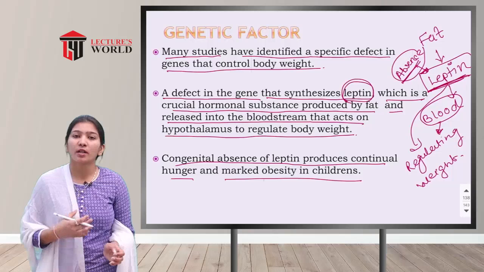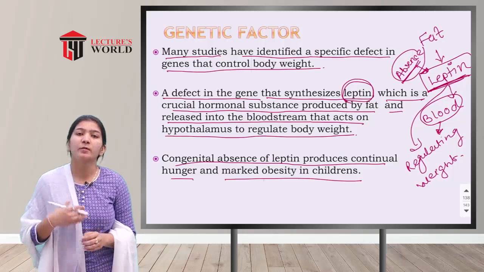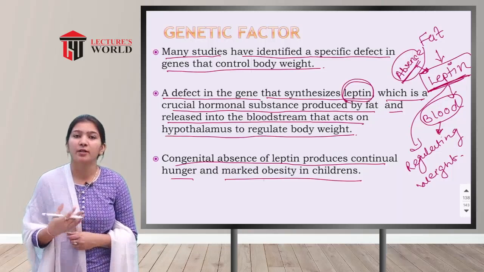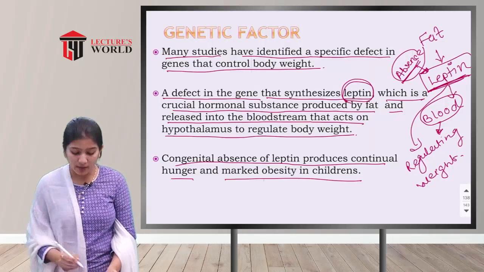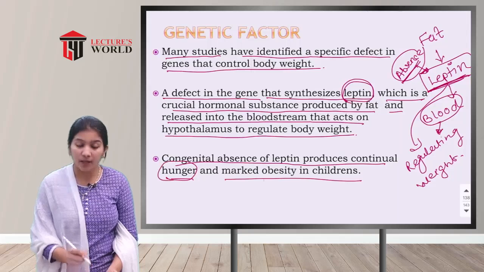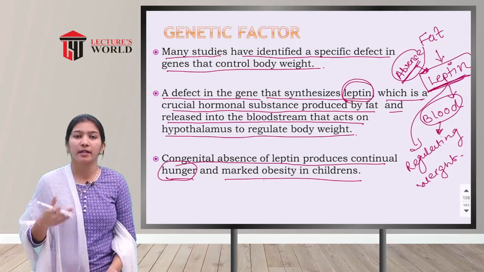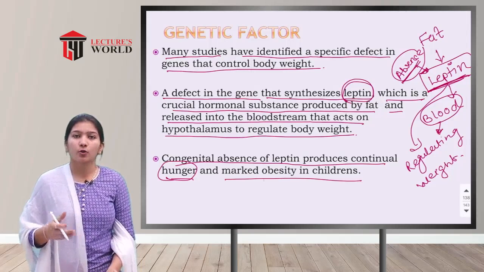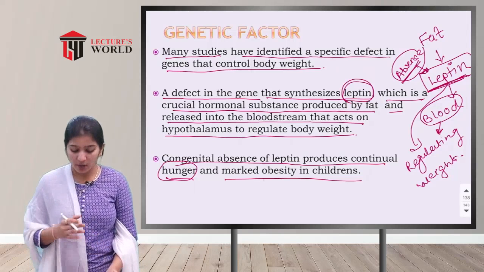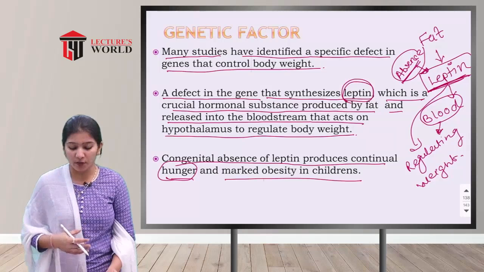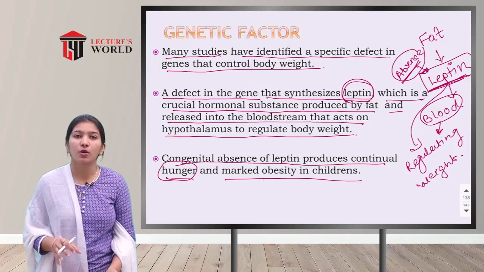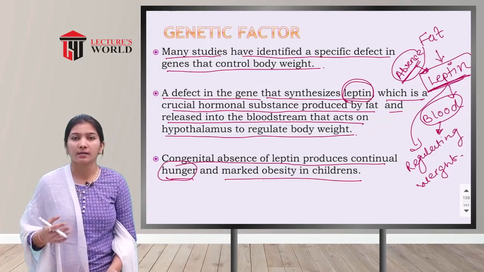And if your body weight is not regulated, you will become obese. Moreover, it increases your hunger, so you continuously eat to diminish the hunger. Because of continuous, frequent eating, you put on body weight. So this genetic factor also increases your body mass index.